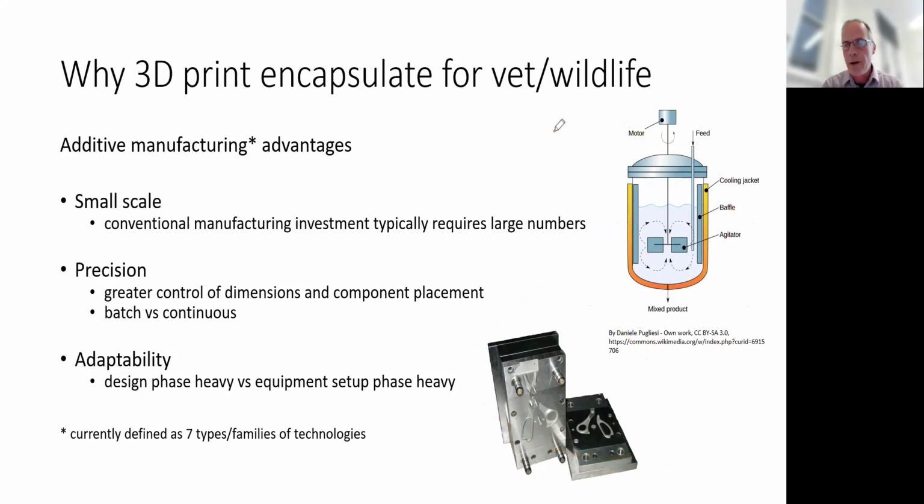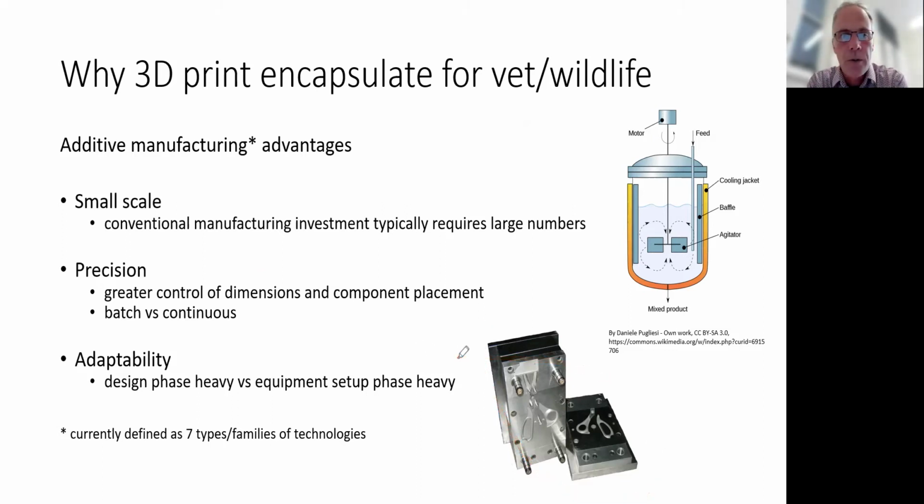But with additive manufacturing, the costs, particularly for changing things and trying out new ideas, aren't a significant barrier. Additive manufacturing also gives you precision on where you place things, and quite good precision in the dimensions of complex constructs that conventional injection molding might not be able to achieve.